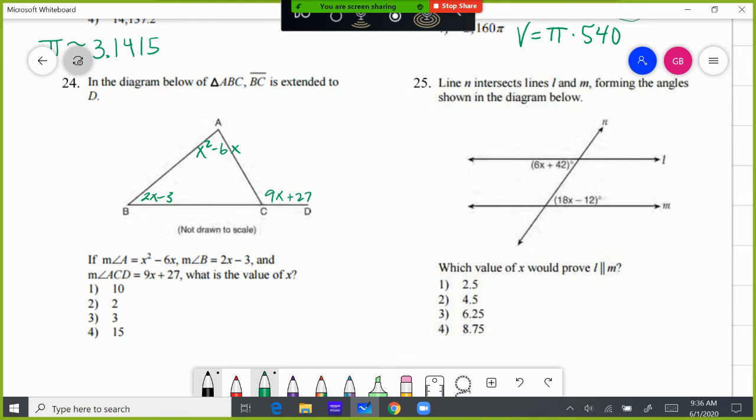Okay, so to find the value of x, we could actually find an expression for this angle on the inside. Since we know we have a linear pair, you subtract 9x plus 27 from 180.